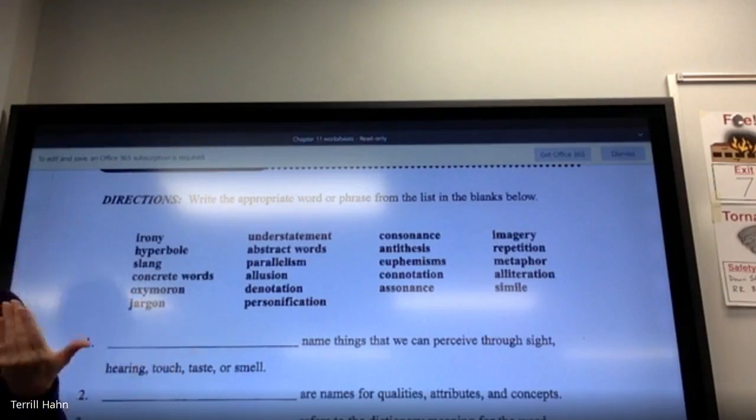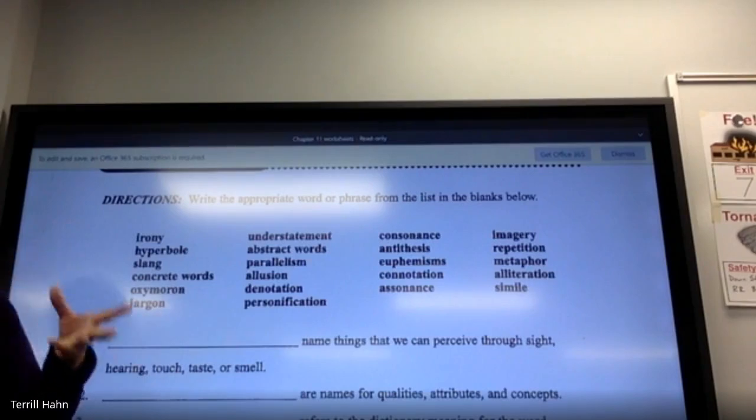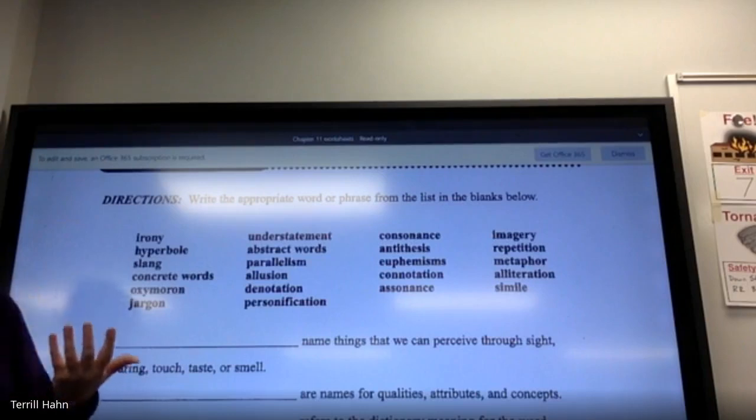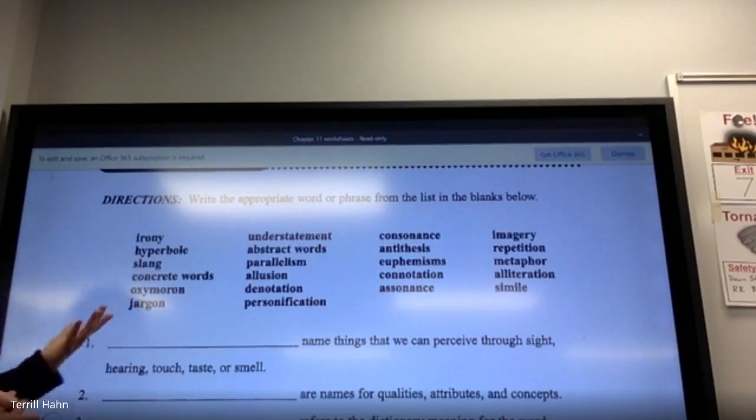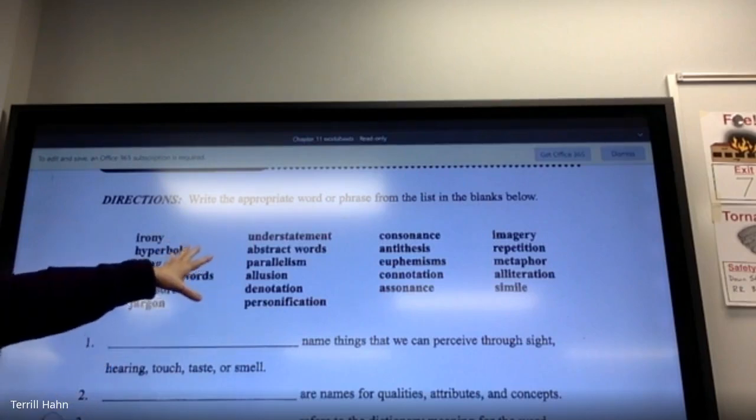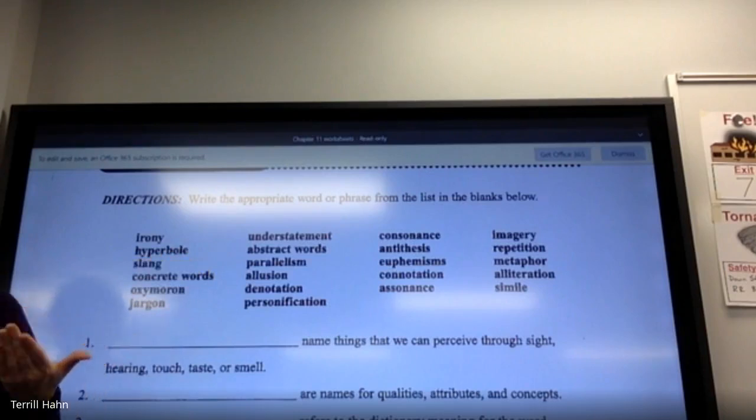Jargon. Jargon is any kind of words that we use that go with a particular field, like there are certain terms that are used only in teaching or in dentistry or the medical field or in skiing or football or something. That would be jargon.